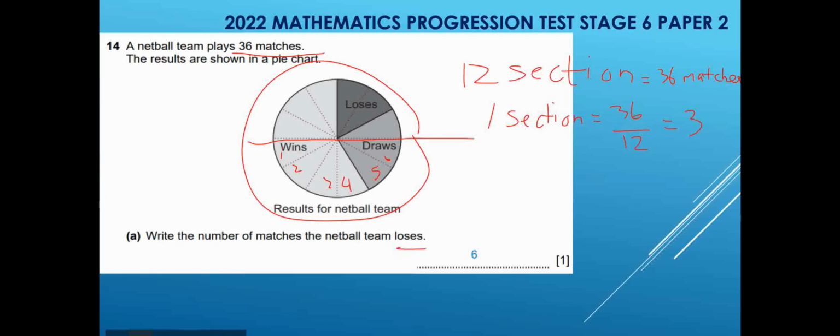Now lose is 1, 2 sections. So 2 times 3 will be 6. So we hope it's clear. Next.